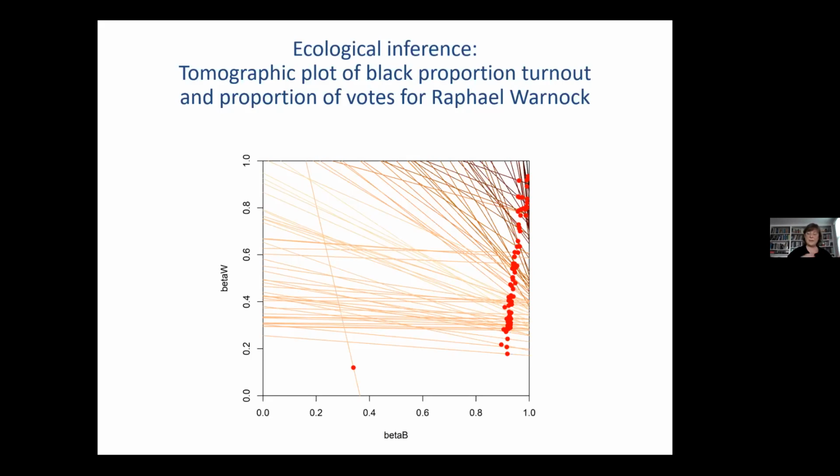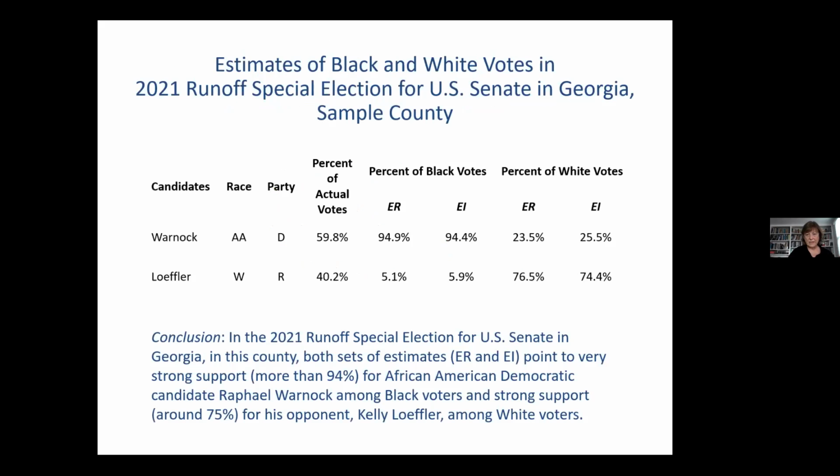And we're going to do the same thing for white voters. This is what you get when you conduct this analysis. These are ER and EI analyses that came from the tomographic plot and the regression scatter plot.